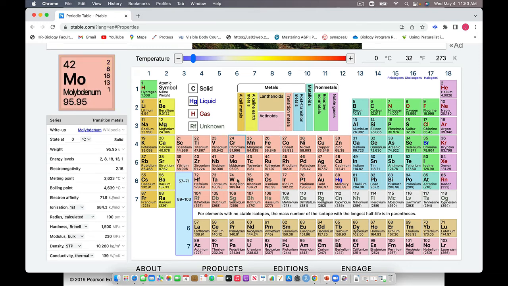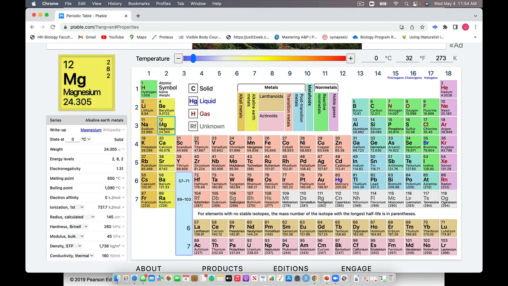So you can see some of these transitional metals in between have what we call different orbitals, but you can see they still never get more than 8 electrons in their outer shell.